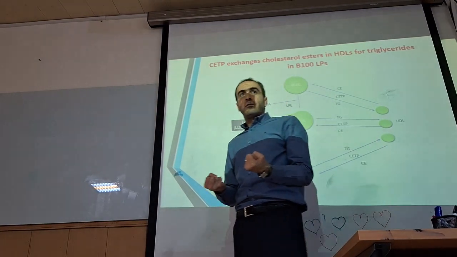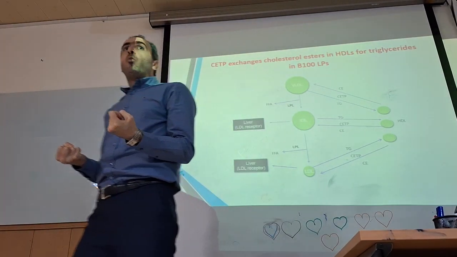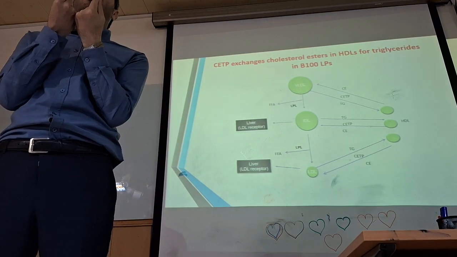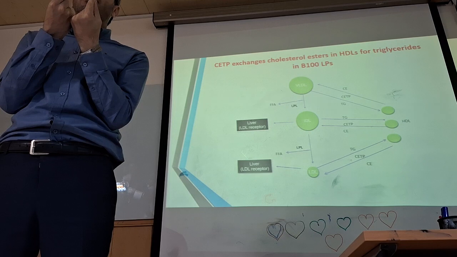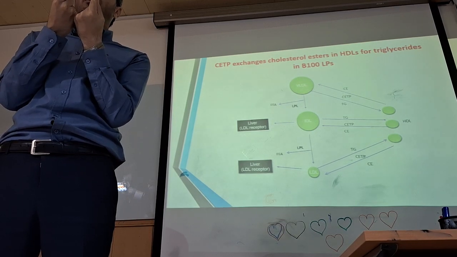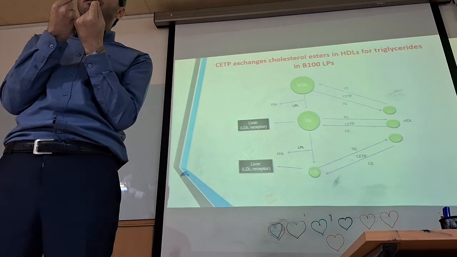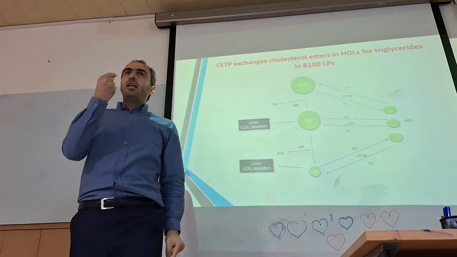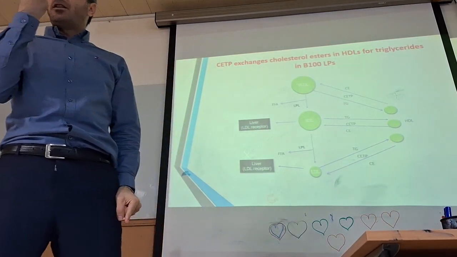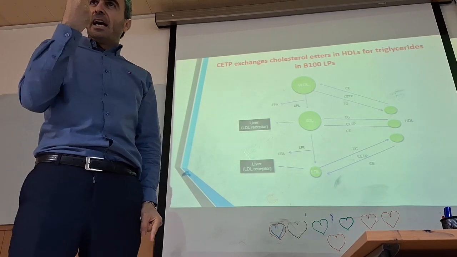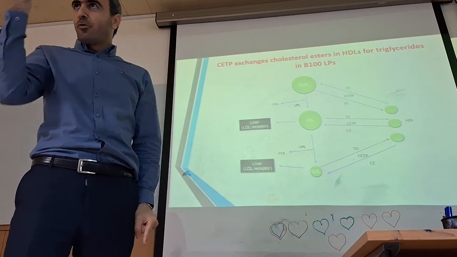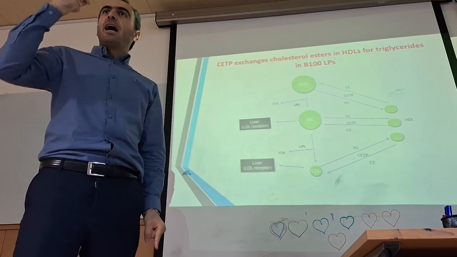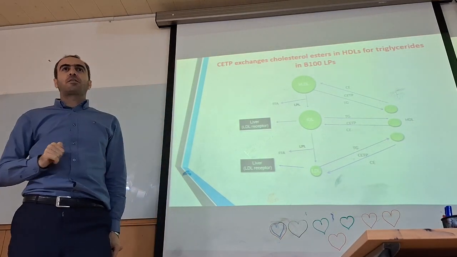For this reason, one of the most important proteins the cardiologists, those who work on cardiovascular disease, are focused on is CETP. They say if we increase the amount of CETP, we can decrease the amount of cholesterol, help HDL to be more active, and decrease the risk of atherosclerosis.